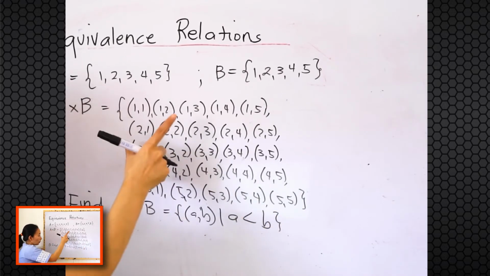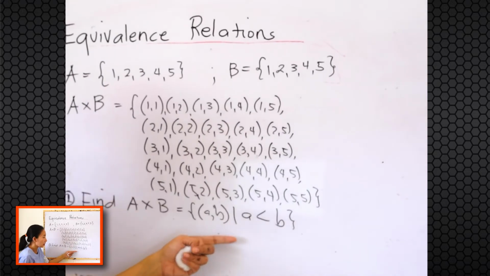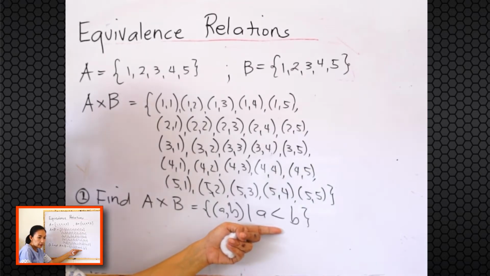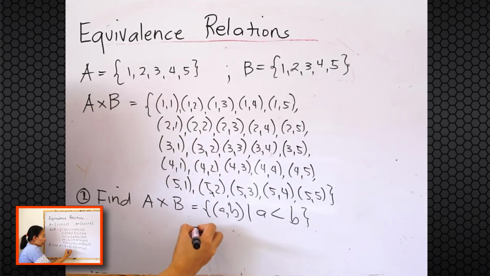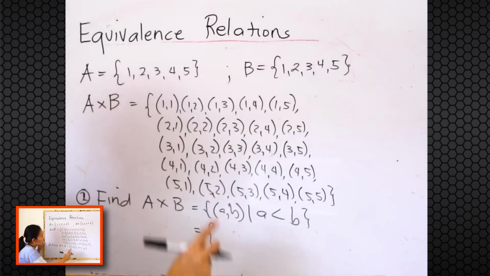Referring to this, find all ordered pairs such that the first number is less than the second number, a is less than b. So what will this be? This set will consist of which elements?